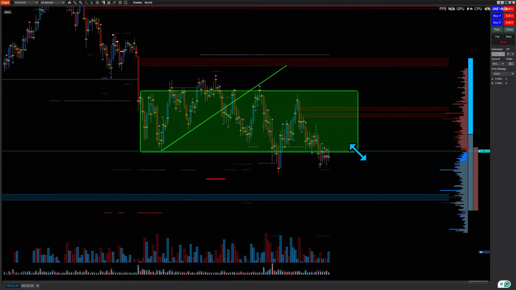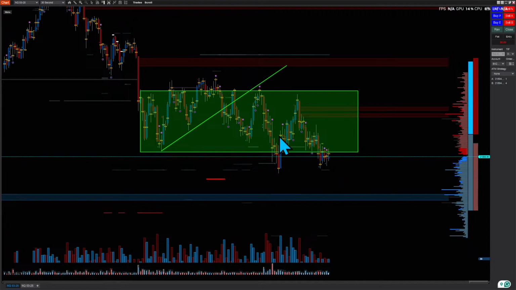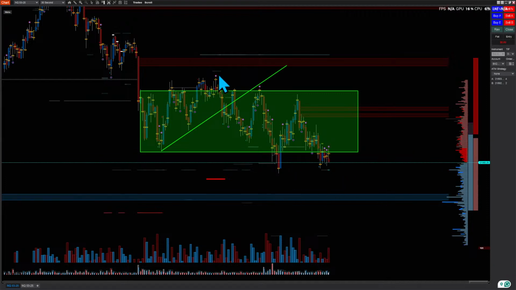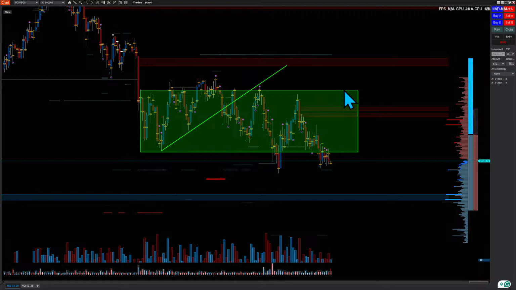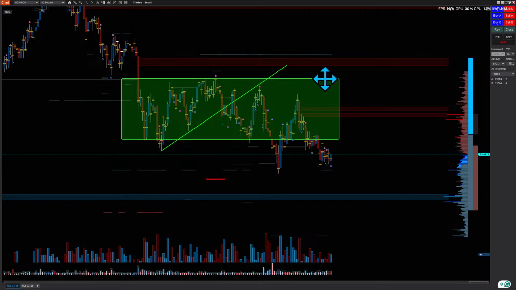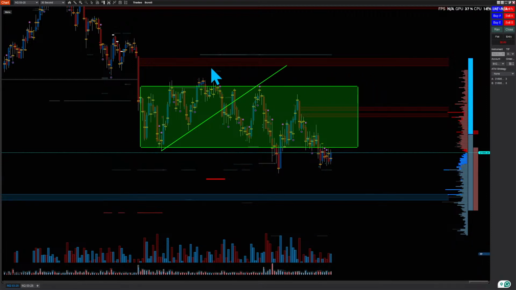Now we can trade inside of the range, but it's really dangerous. It's not giving us a significant advantage unless the price goes to the edge of this range, on one side or the other.